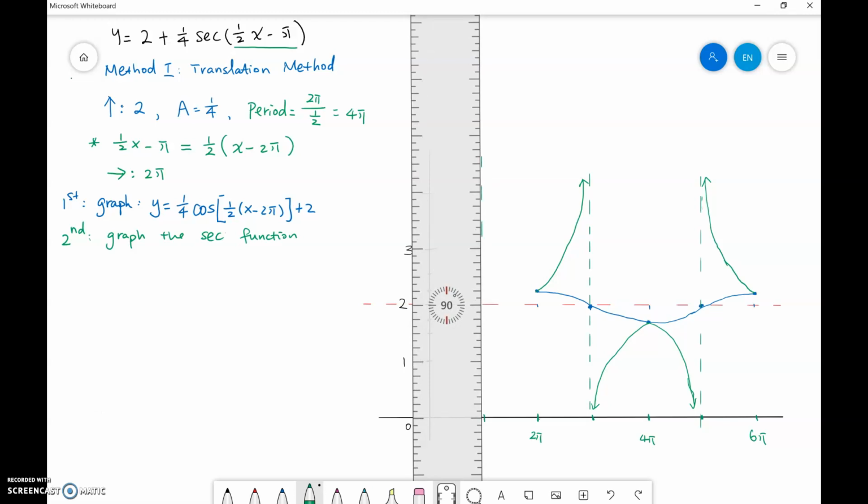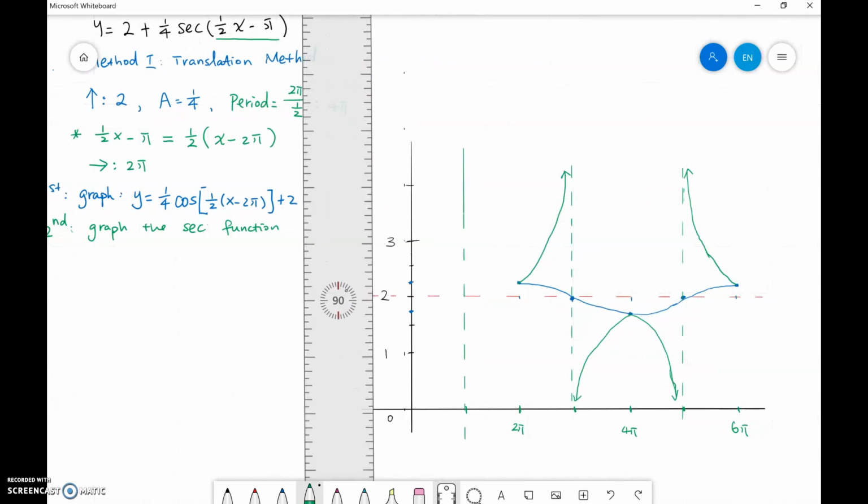I'm okay with just one, or I prefer one period, but just in case you want to continue, then I do not have the 7th pi, so it's going to go that way with the asymptotes. Okay, so that is the graph.